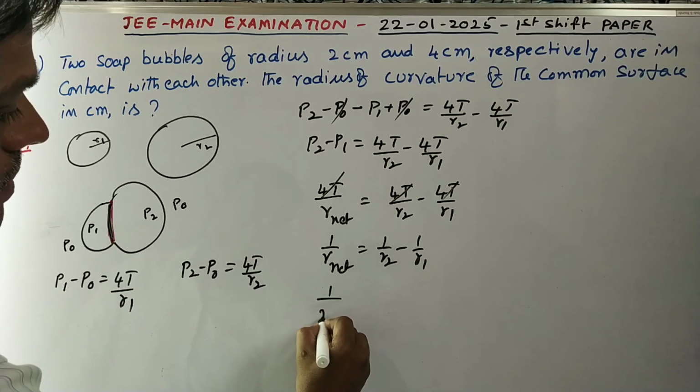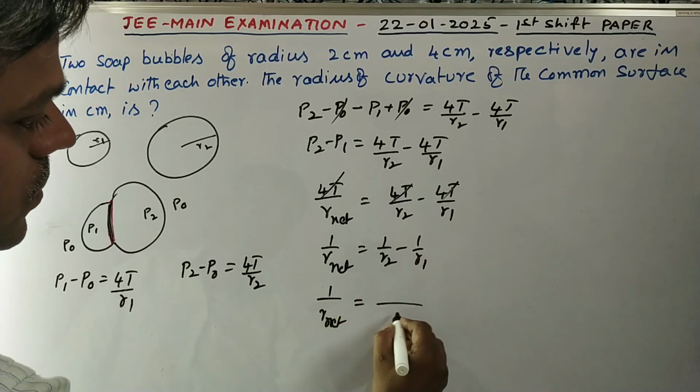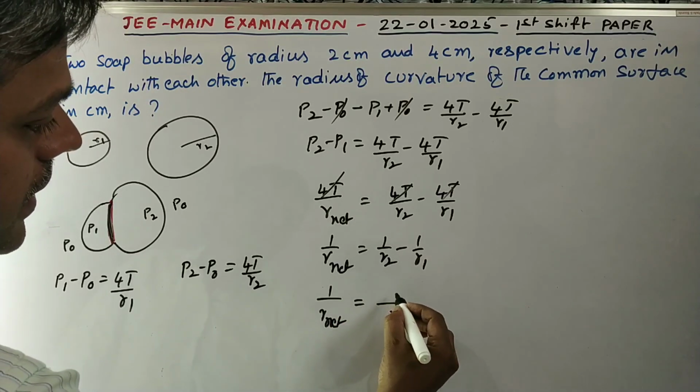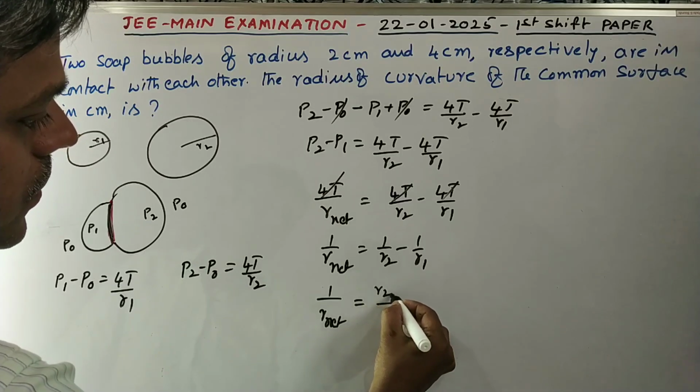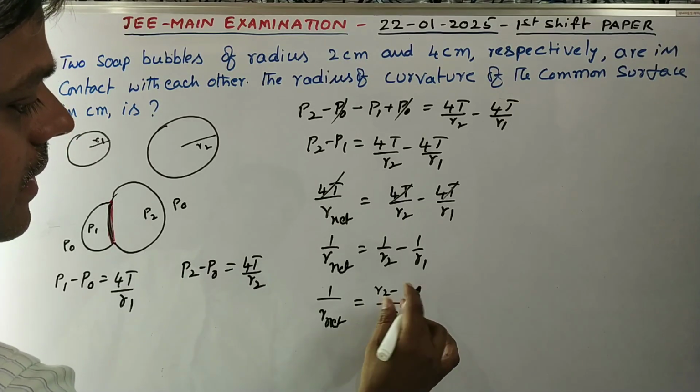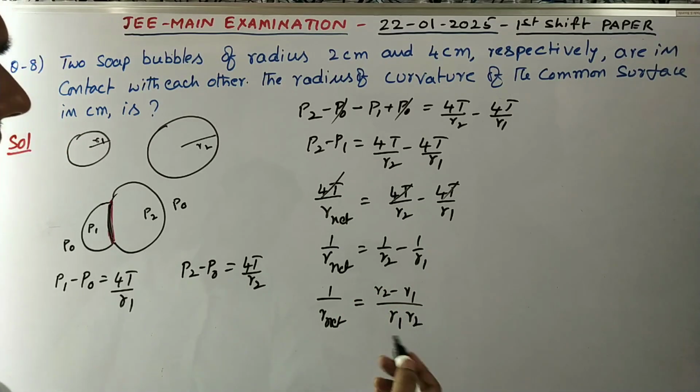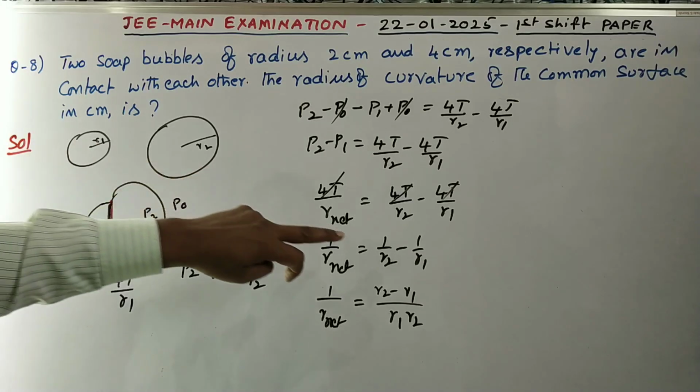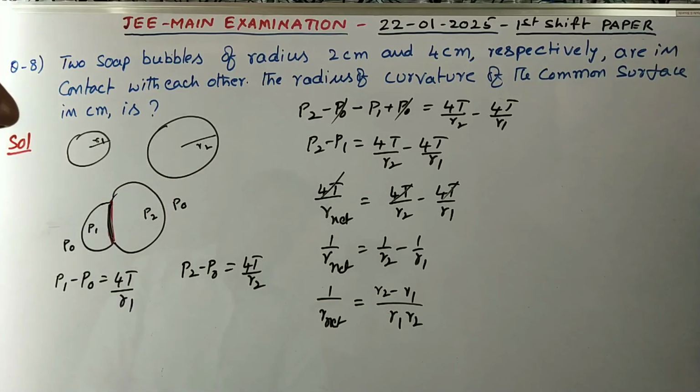So you should simplify it. R net is equal to R1 R2 in the denominator, in the numerator R2 minus R1 or R1 minus R2, whatever it may be, no problem. Right.